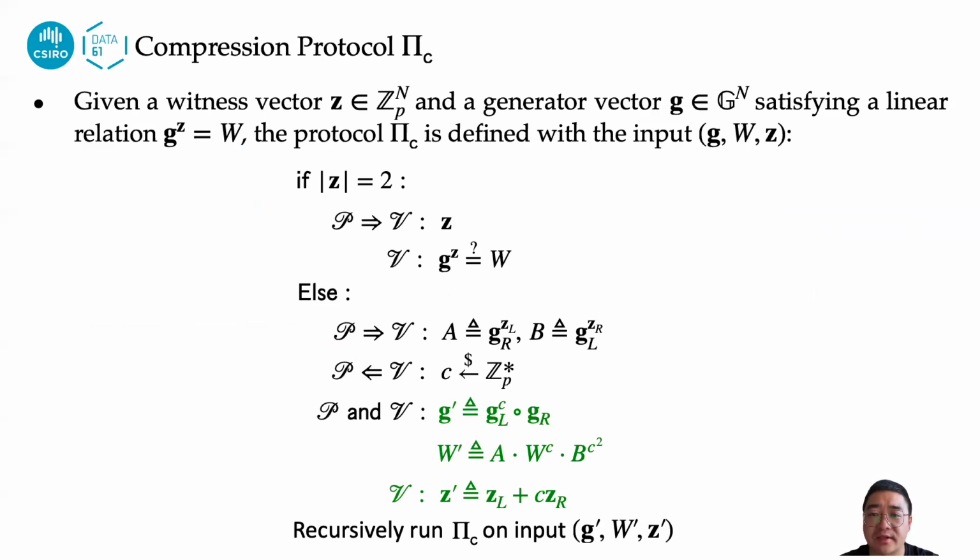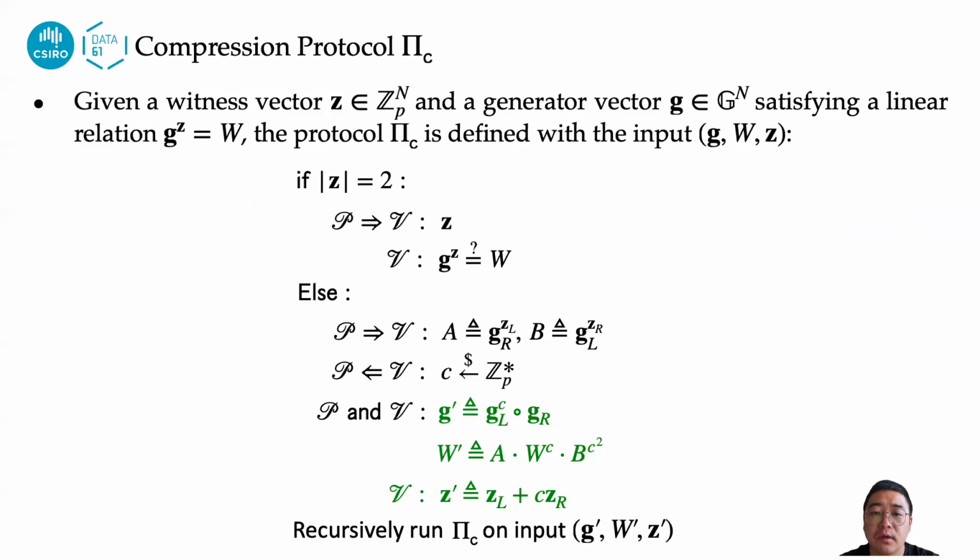Given a witness vector Z and a generator vector G, satisfying the relation G to the power of Z is equal to a group element W. The trick is highlighted in green, where the prover recursively reduces the dimension of the generator vector G and the witness vector Z until the dimension is equal to 2.